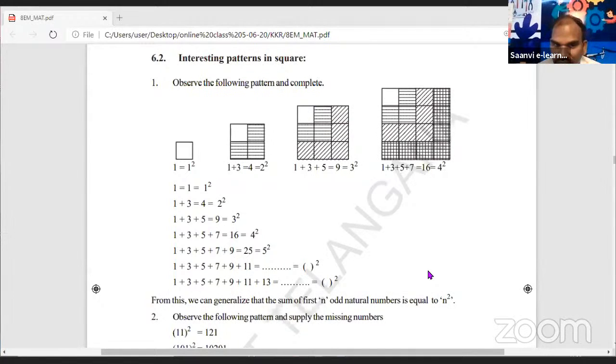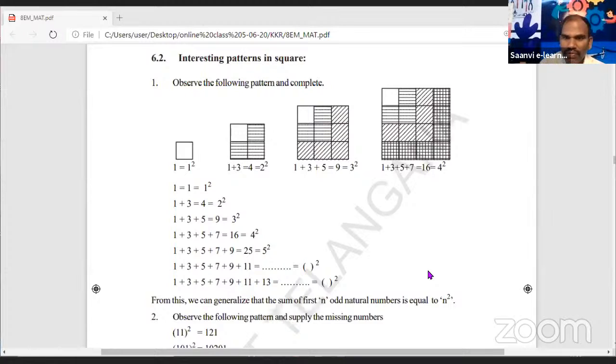Third one, 1 plus 3 plus 5, we added 3 odd numbers. 3 odd numbers means equal to 9, 3 square. Fourth one, 1 plus 3 plus 5 plus 7, we got 16.